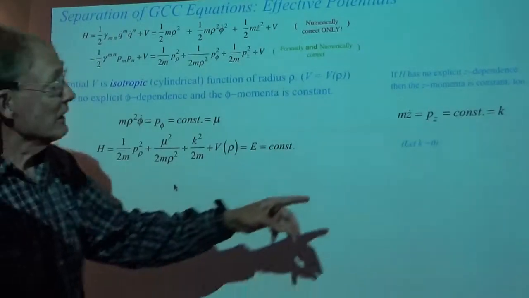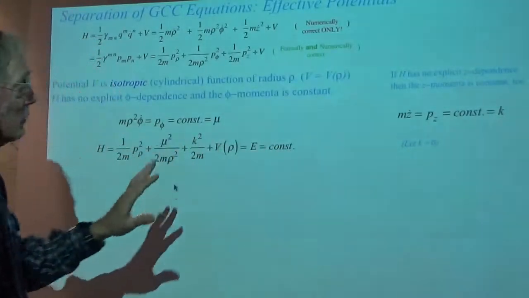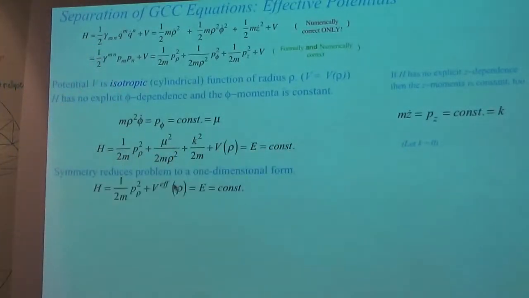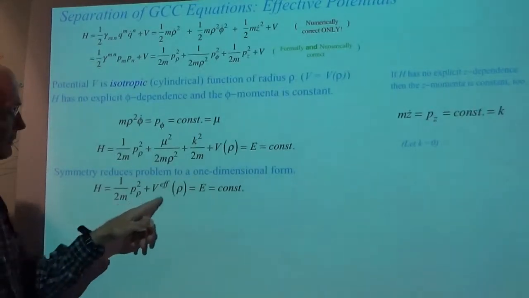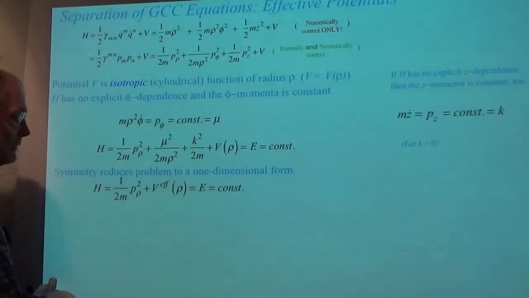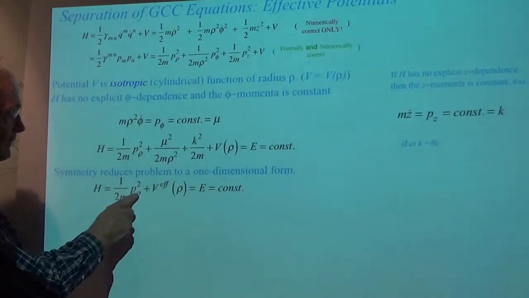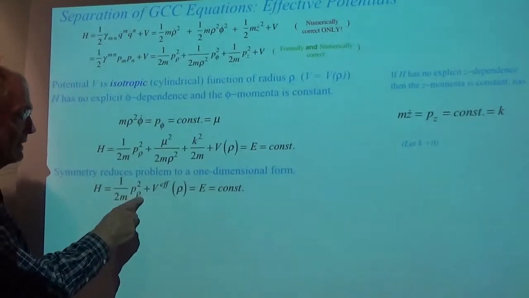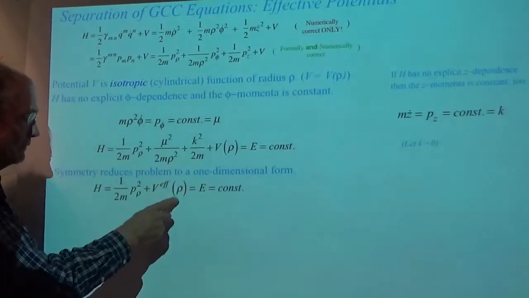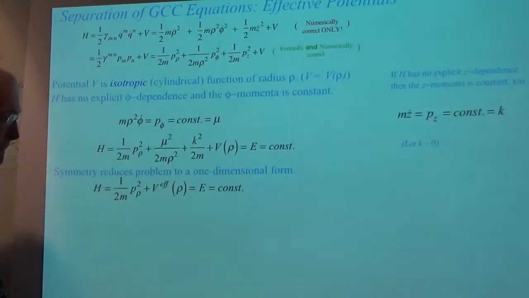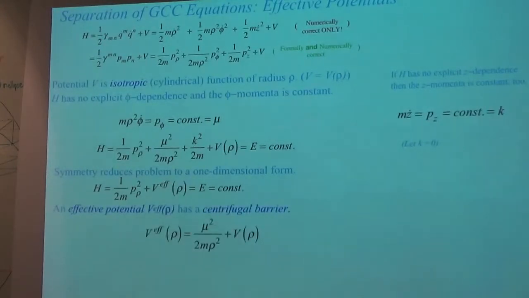Now we're going to go ahead and let k equal 0 so we don't have to worry about what's going on out of the plane, and just treat this very simple Hamiltonian, which involves the radial momenta and then an effective potential for the radial coordinate. So it's back to being a two-dimensional system, 2 degrees of freedom, really one dimension, 2 phase space dimensions.